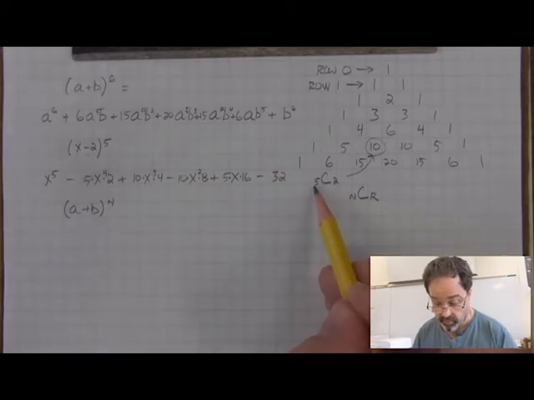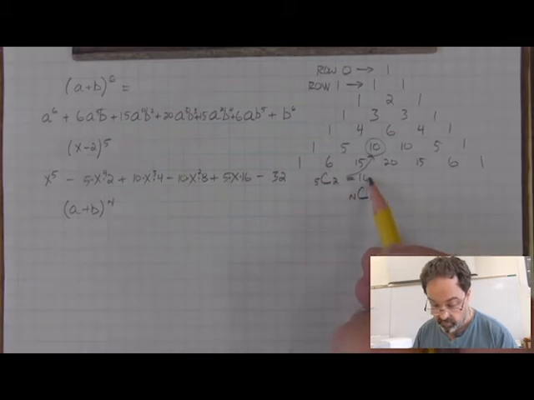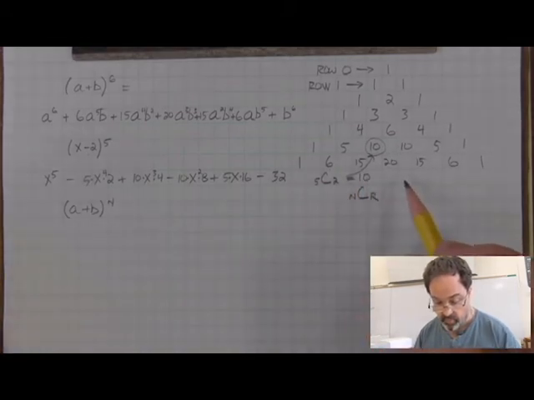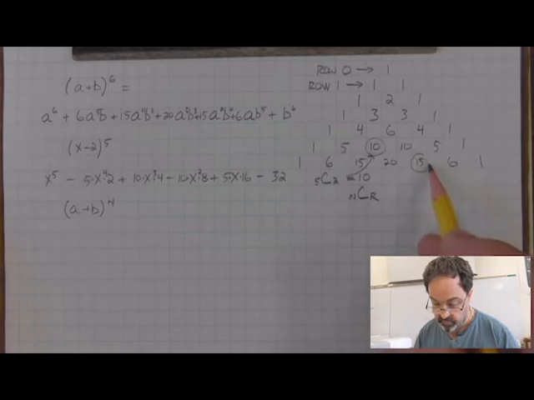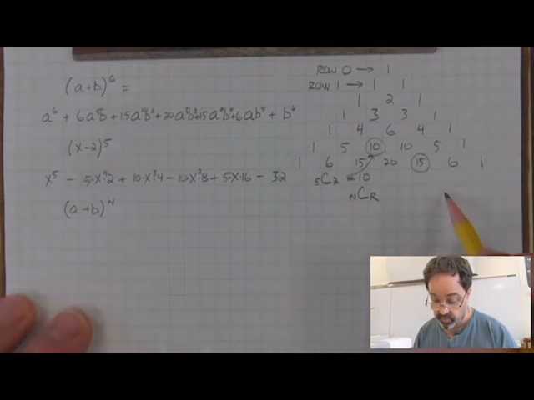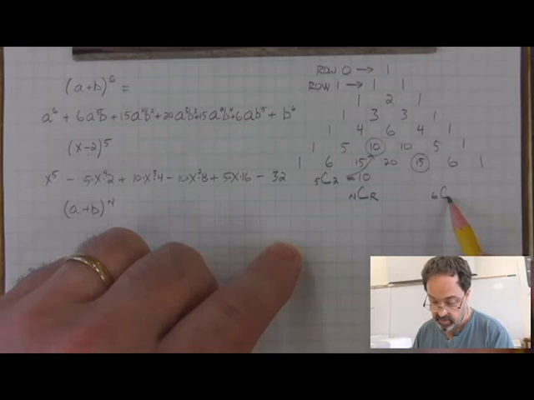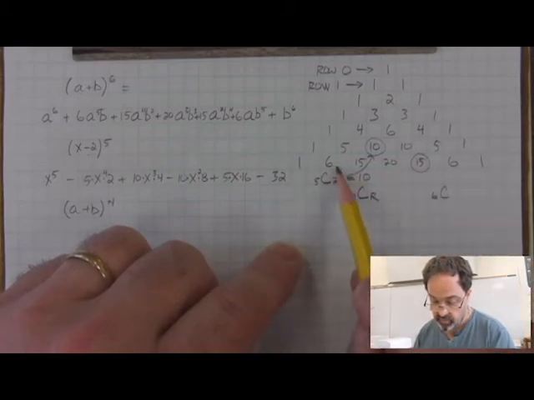Row number 5, position number 2, has a value of 10. Let's do that one more time. This value of 15 is in a position in the Pascal's triangle, which we can give the notation 6th row, C, position number 0, 1, 2, 3, 4.